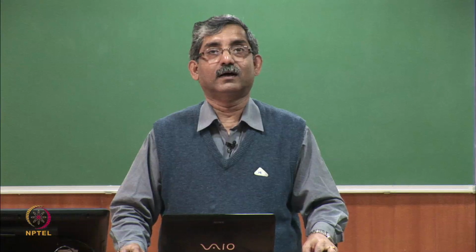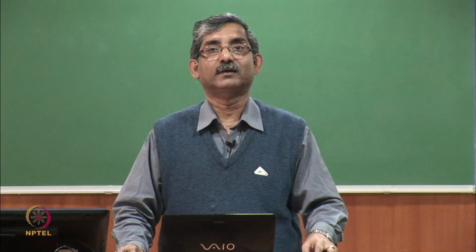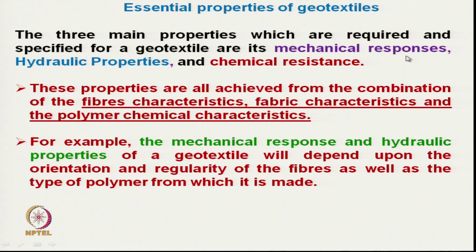Like a fabric with very good mechanical response, if it is not performing hydraulically properly or chemical resistance is poor, then during use after a certain time this structure will collapse, so that the geotextile will not be useful.